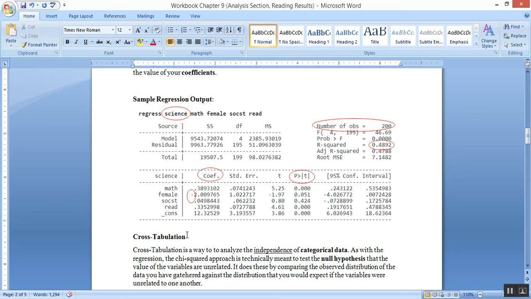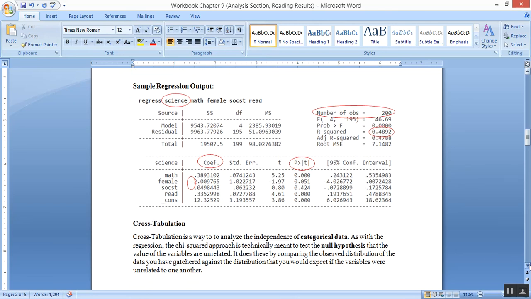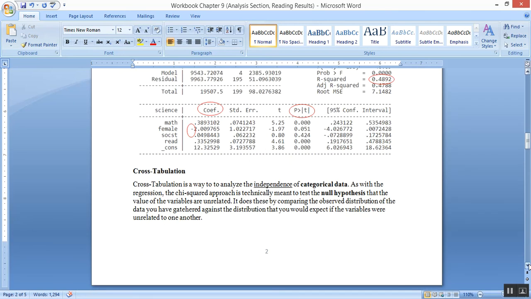Okay, now we're going to need to begin talking about the chi-squared or cross-tabulation test. Technically, the chi-squared test, or Pearson's chi-squared, is a type of cross-tabulation, but it's essentially the main type that we use in these undergraduate level political science research courses. A cross-tabulation is a way that we can analyze the independence of categorical data.